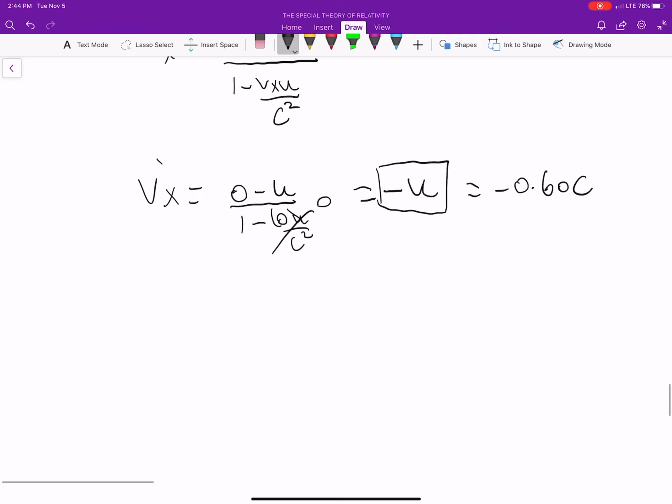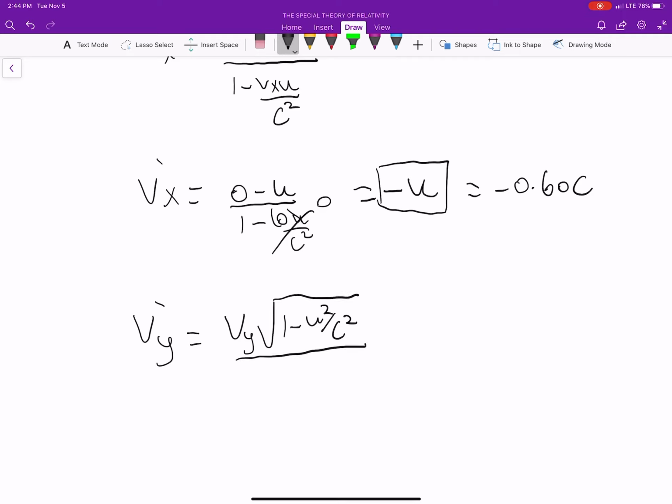Let's look at v prime y. That's the one we derived in the previous video in this section. We showed that that was vy times the square root of 1 minus u squared over c squared, all over 1 minus vx u over c squared.